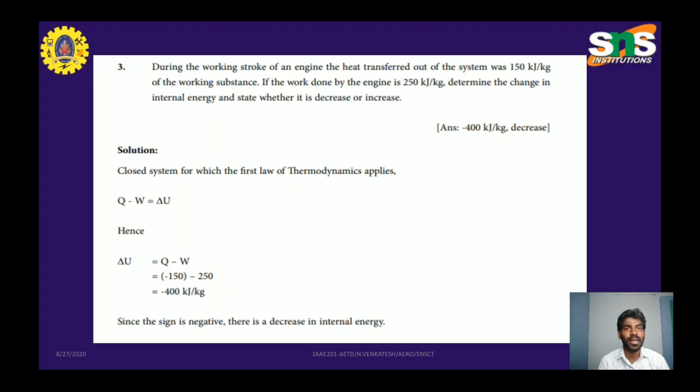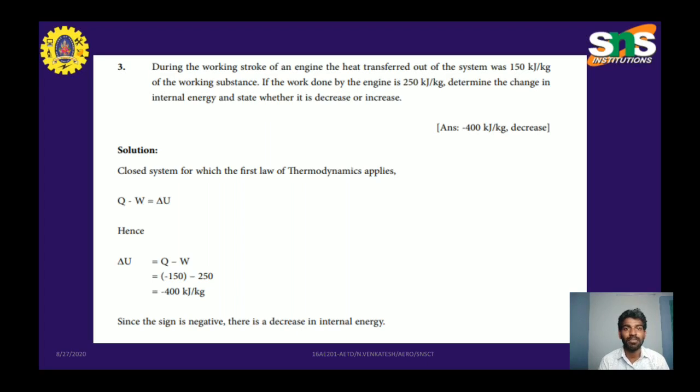From the given data, heat transfer Q is 150 kilojoule per kg, and the work done by the engine W is equal to 250 kilojoule per kg. We can find the change in internal energy, del U, and state whether it is a decrease or increase.